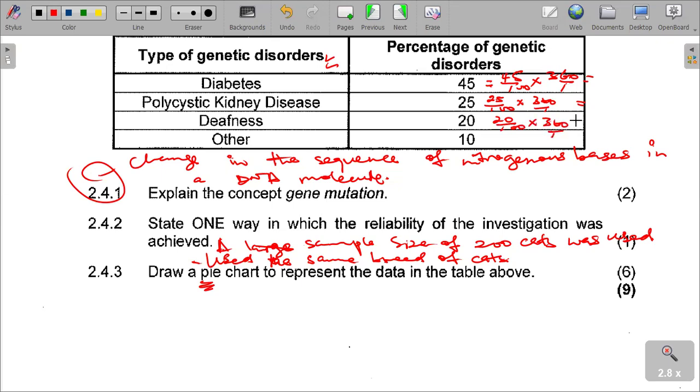We want to get the size of each of the sectors that we are going to draw.